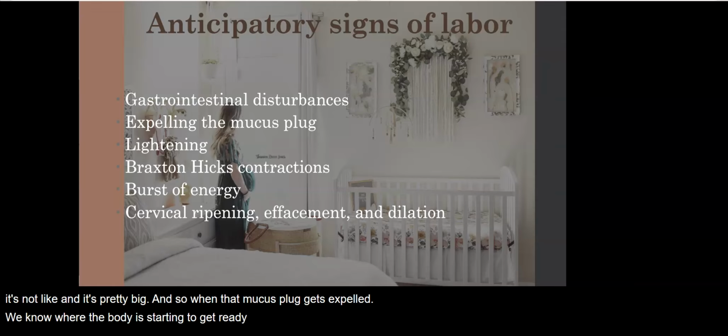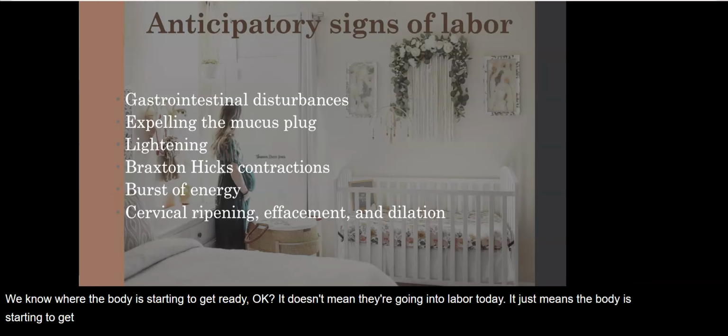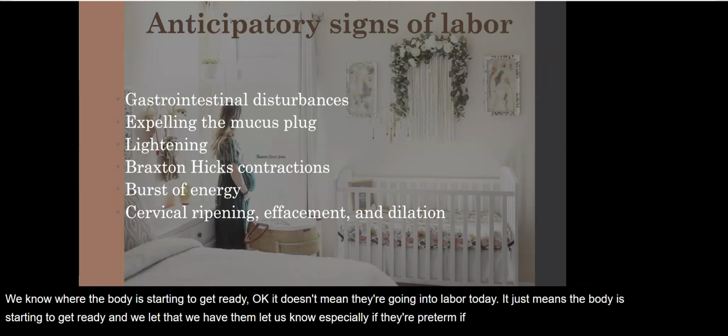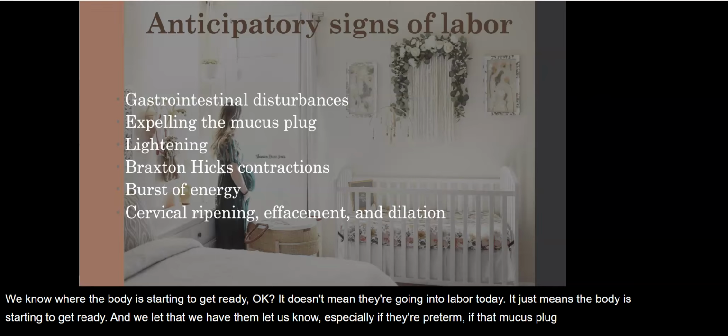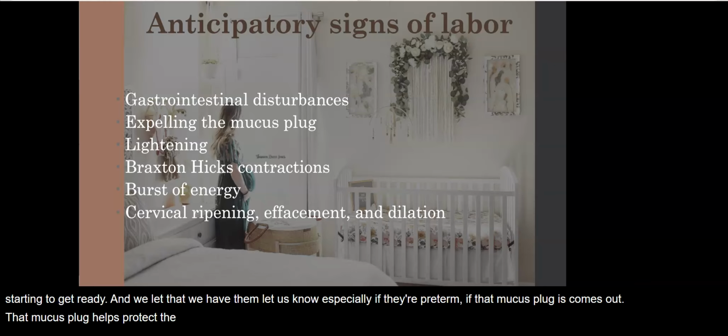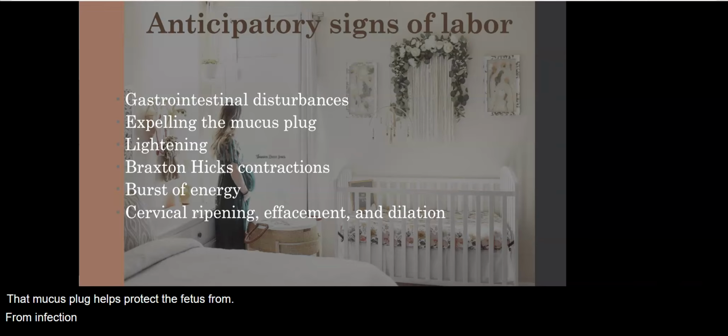It doesn't mean they're going into labor today. It just means the body is starting to get ready. And we have them let us know, especially if they're preterm, if that mucus plug comes out. That mucus plug helps protect the fetus from infection. But even if the water is not broken, that will also protect the fetus from infection.